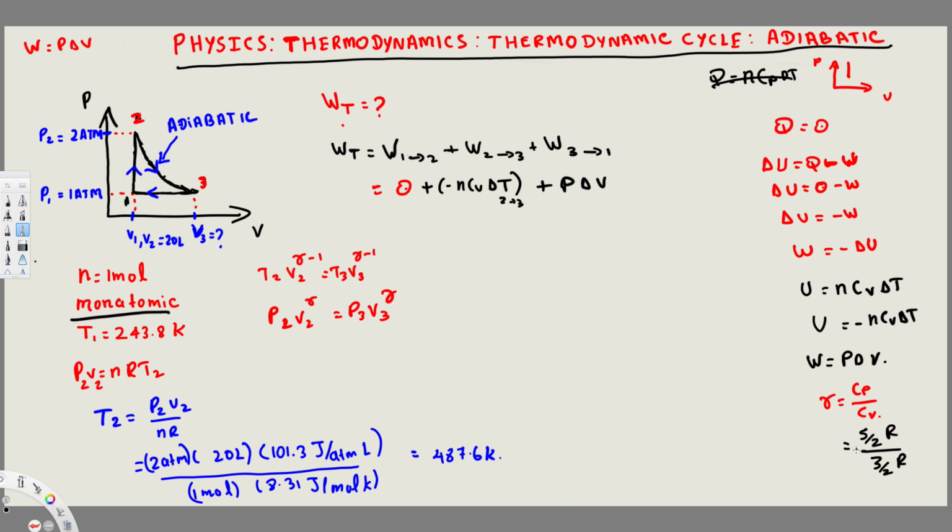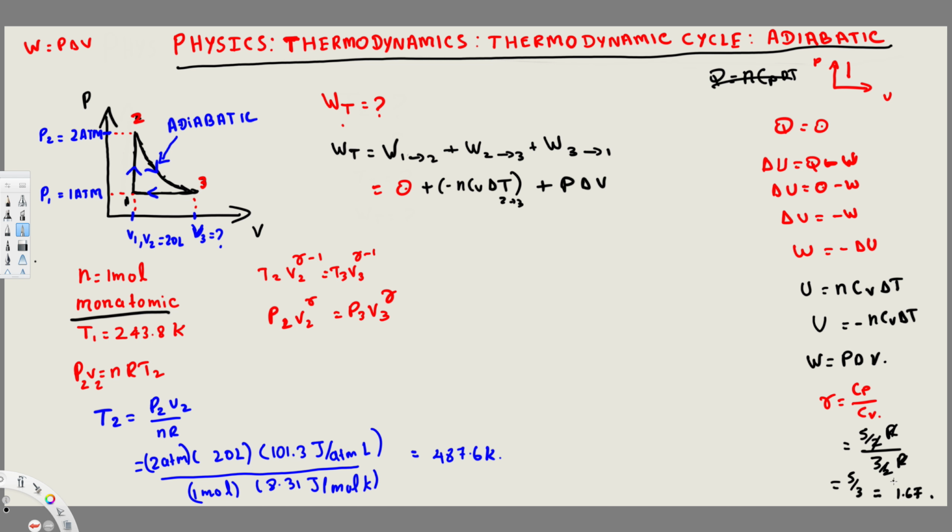Since we have monoatomic, we use the first. The 2s cancel and the Rs cancel, and we get 5 over 3, which gives us 1.67.